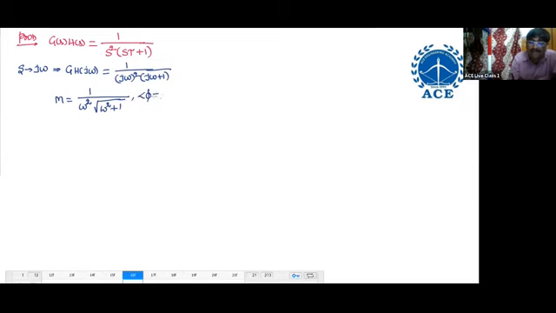Write the phase angle. Minus 180 minus tan inverse omega. What is the direction?